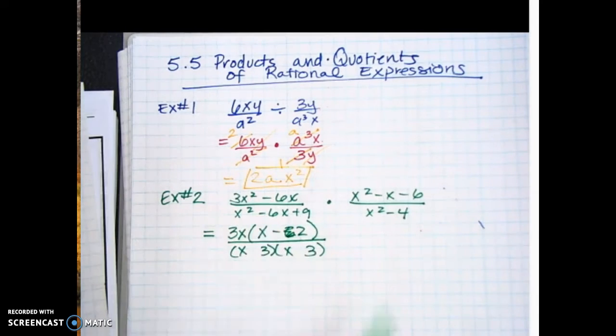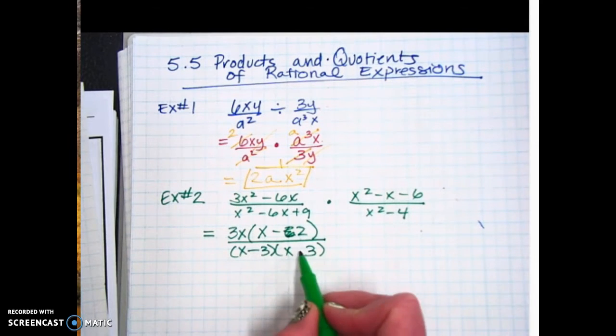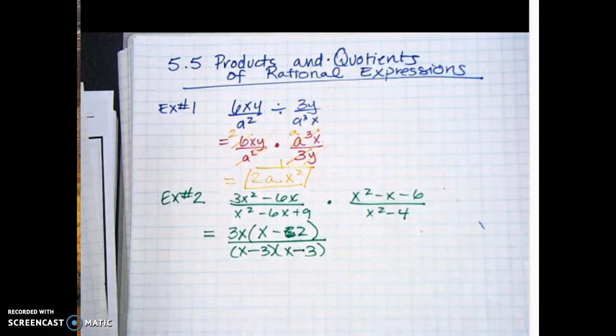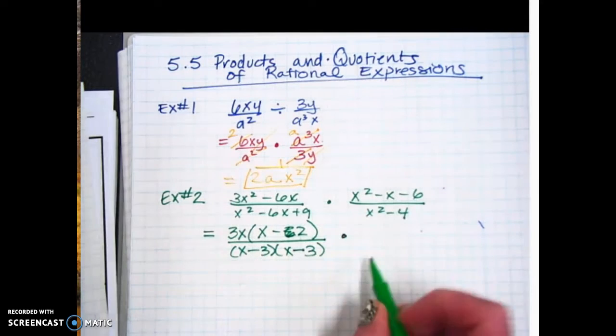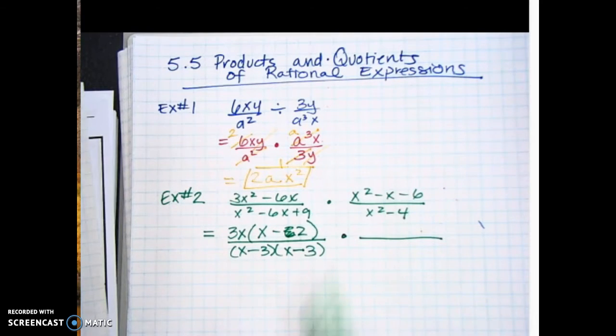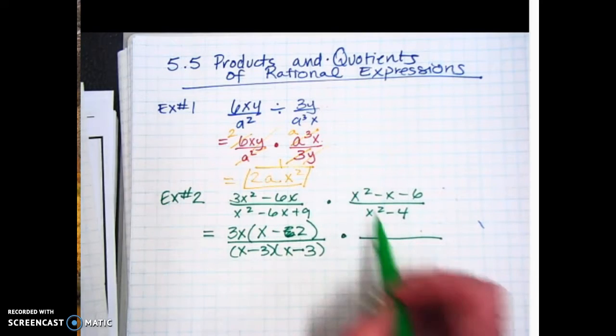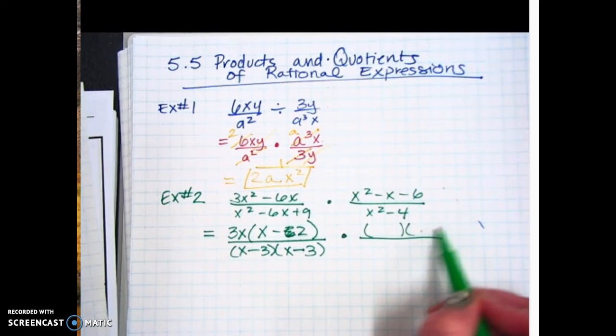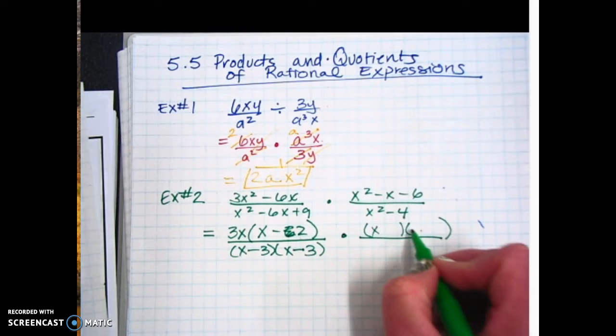Because the middle term is negative, that means it's x minus 3 and x minus 3. Now let's jump up to this numerator. No GCF. How about a special pattern? Not a special pattern, but it looks like an easy one because it has a coefficient of 1. So we're going to take the square root of x squared, which is x and x.